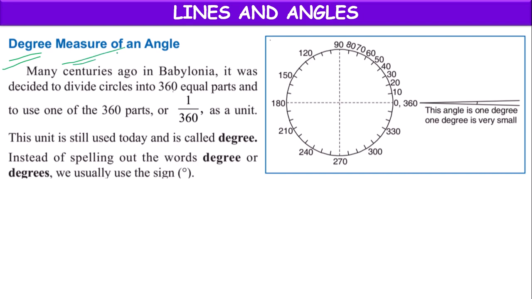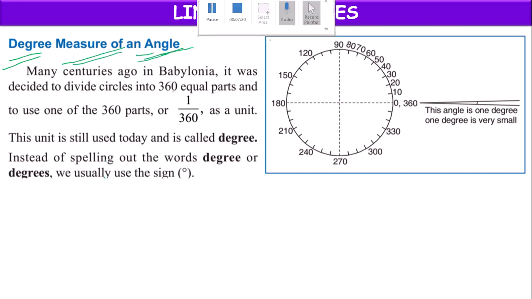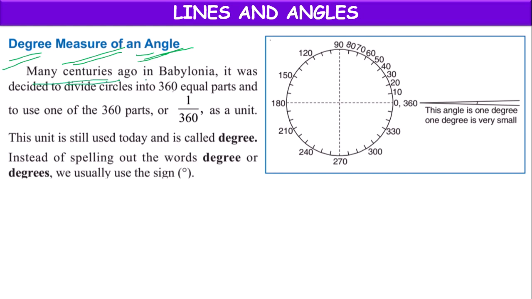So, degree measure of an angle. Many centuries ago in Babylonia, in Egypt, it was decided to divide the circle into 360 equal parts.